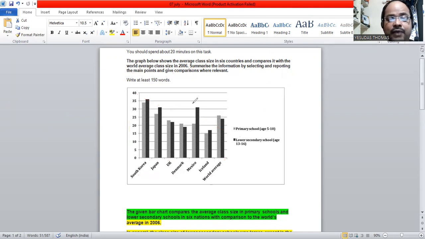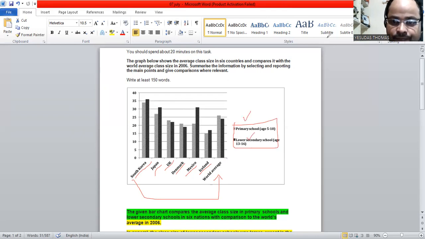Now let's move ahead with the bar chart. We have 6 countries here, and these 6 countries are compared to the world average. The data of these countries is class size, both in primary school and lower secondary school.